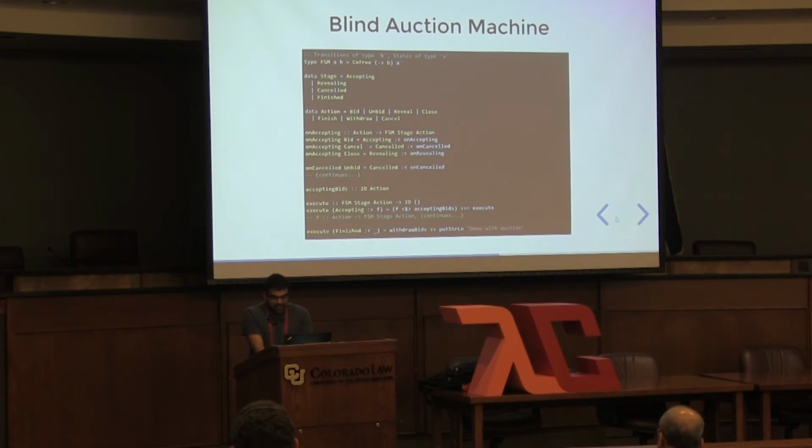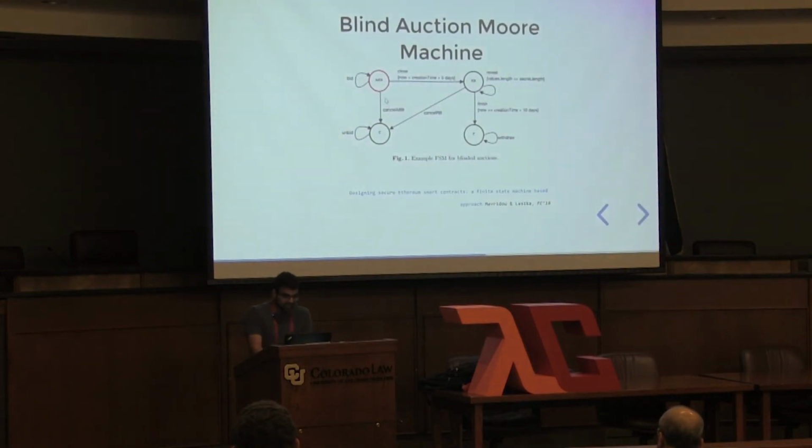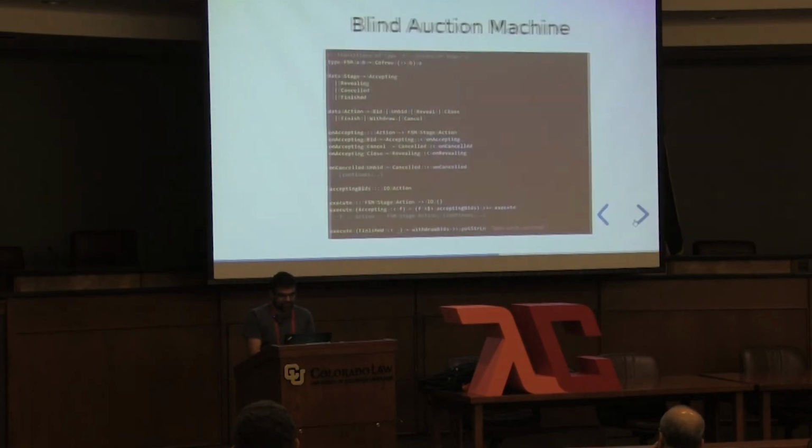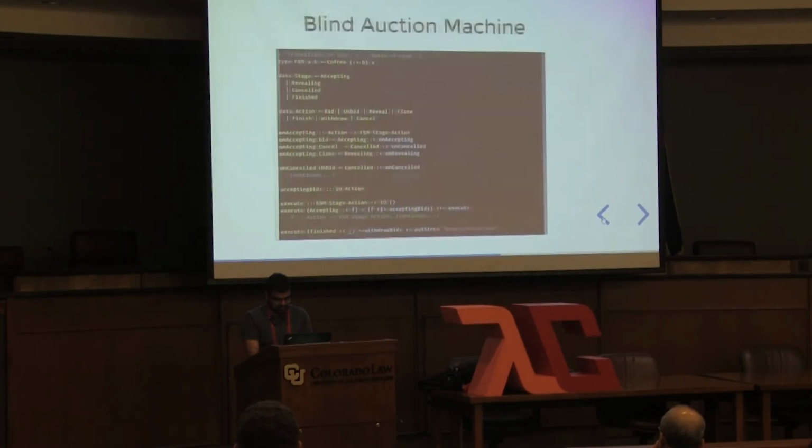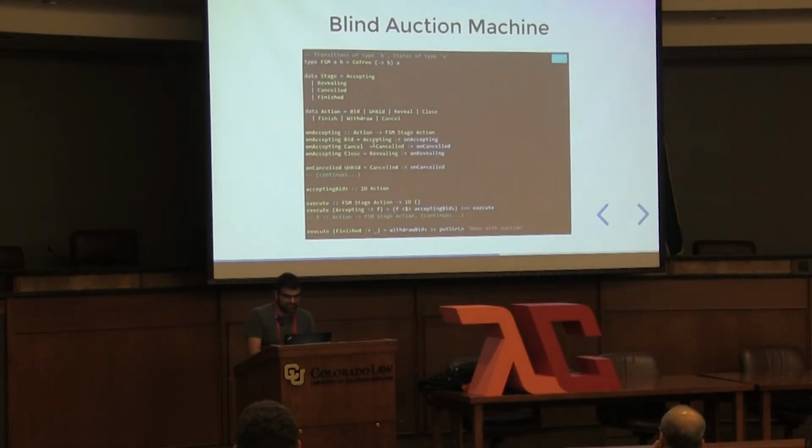And then if we have, say, a cancel transition, then we go to the canceled state, where we then have the handler for the on-canceled transitions, and the same thing for close. And I sort of finished the uncanceled function this way.